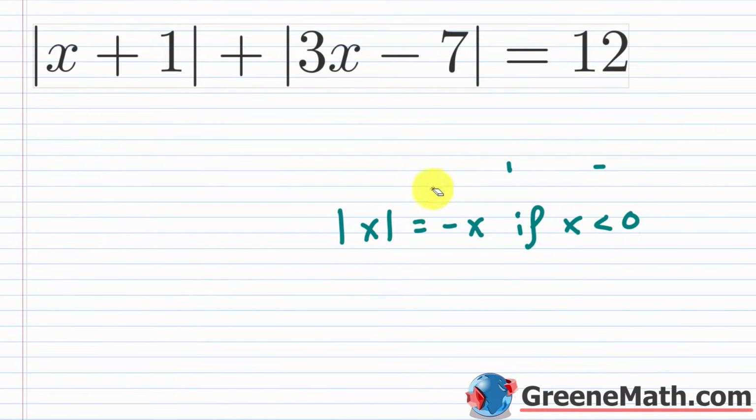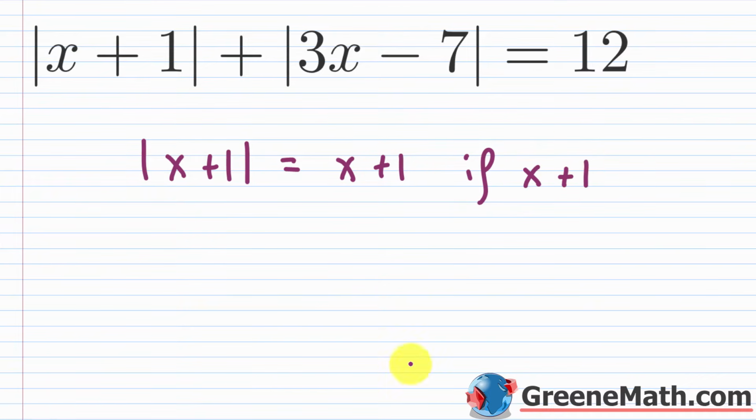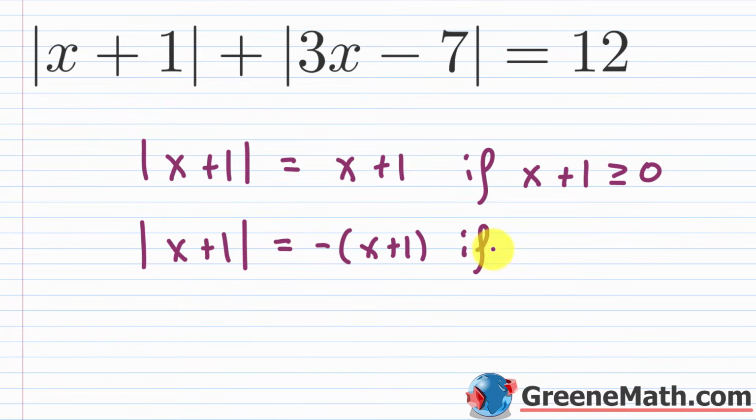So let me erase this. If I wanted to develop a rule for dropping the absolute value bars with this guy, we would say the absolute value of x plus 1 is simply equal to x plus 1 if x plus 1 is non-negative, so if it's greater than or equal to 0. And then the absolute value of x plus 1 is equal to the negative of x plus 1 if x plus 1 is less than 0.